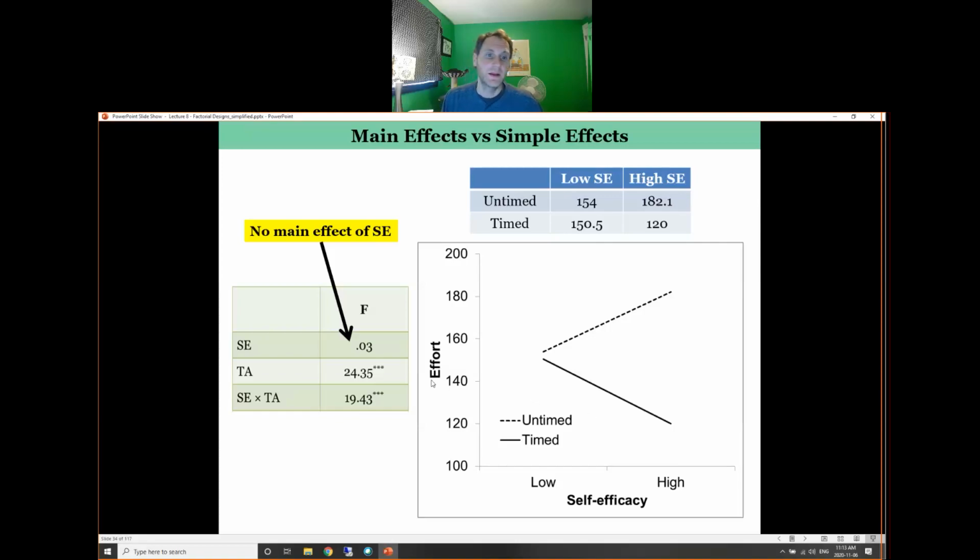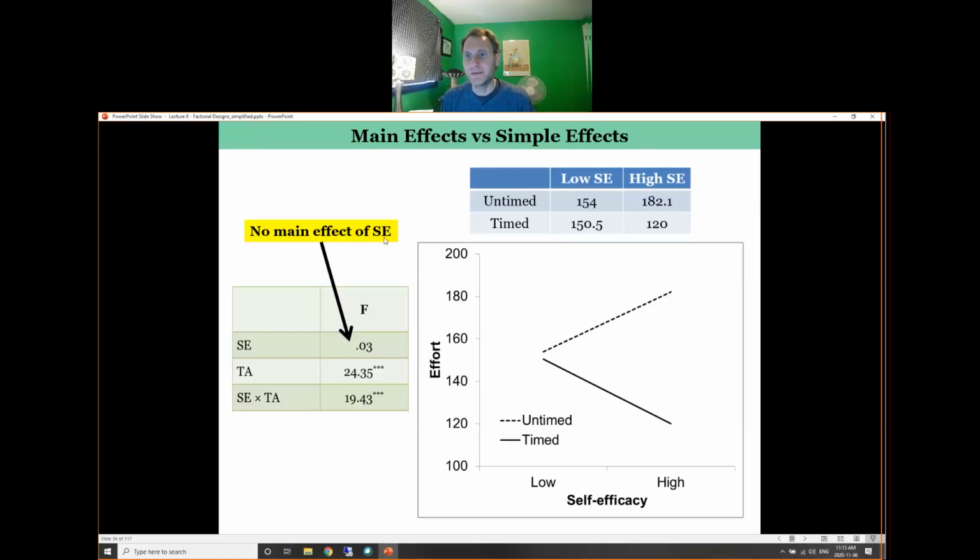So sometimes you'll hear that main effects are qualified by the presence of an interaction. And the word qualified there is used in the sense of like when you say something like, well, let me qualify what I just said. You know, it's saying, well, there's no main effect, but let me qualify that.